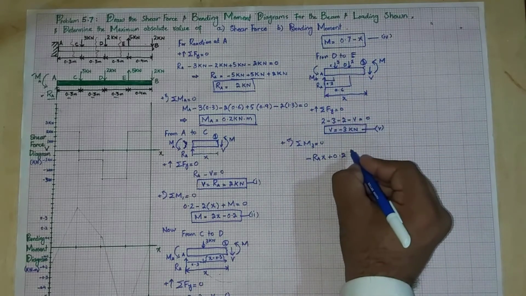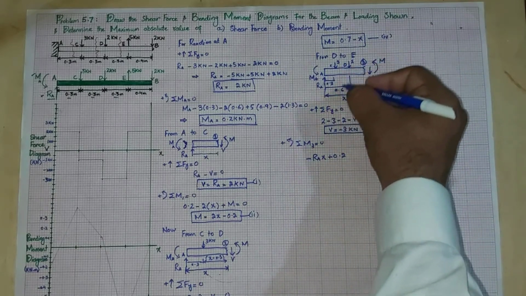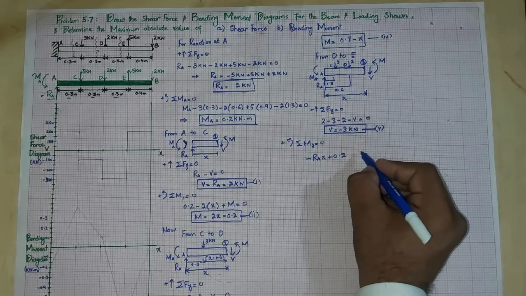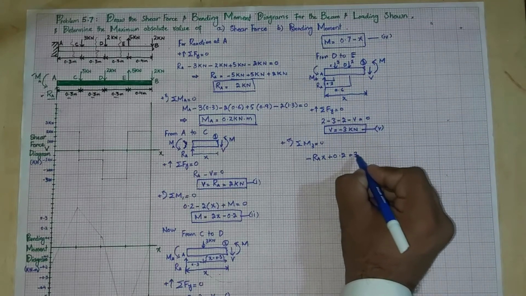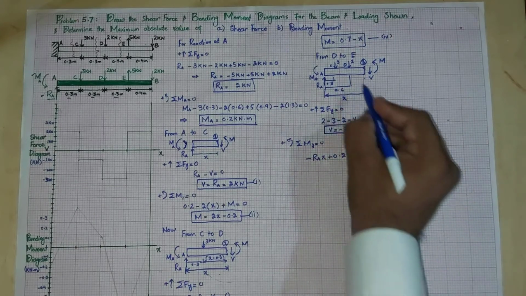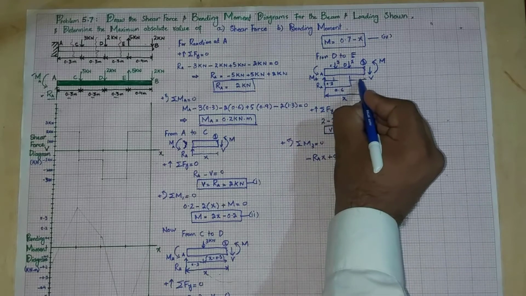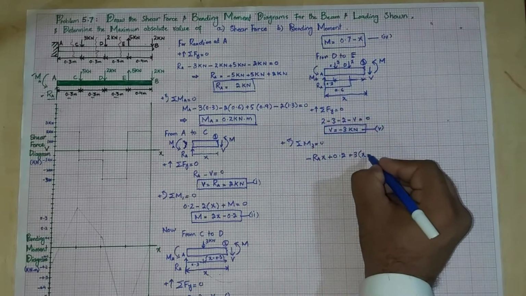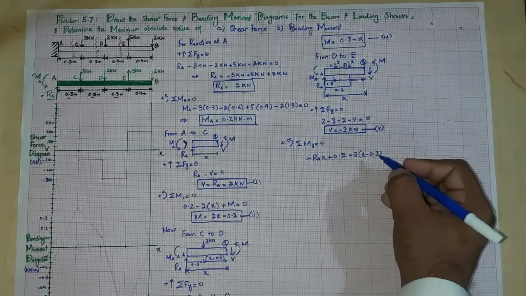Now this 3 force is also producing a counterclockwise rotation with respect to point 3. So that will be plus 3 into the perpendicular distance from this point to this point. This distance is x minus 0.3. So x minus 0.3.